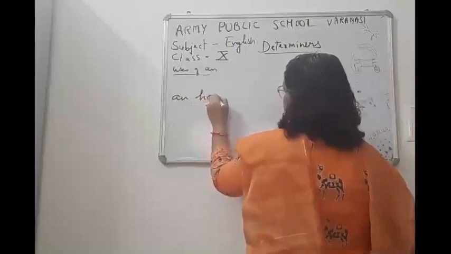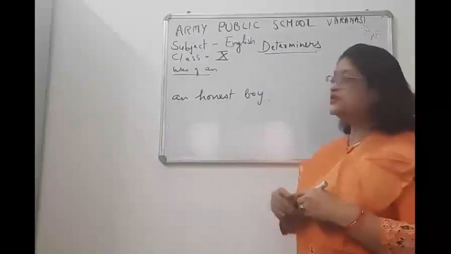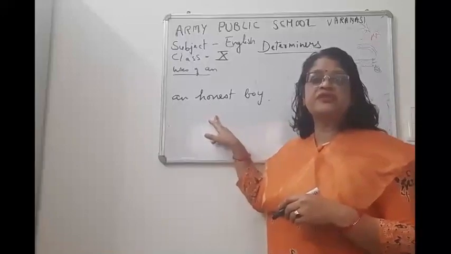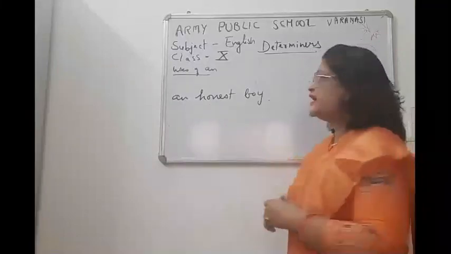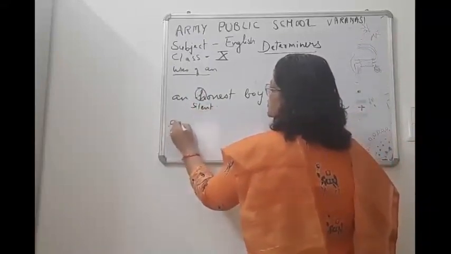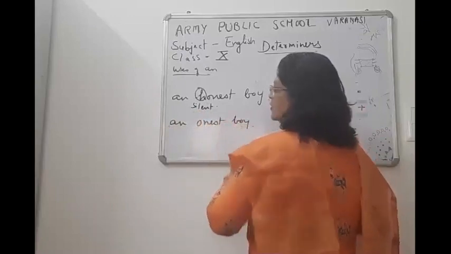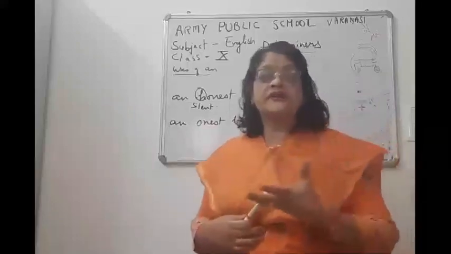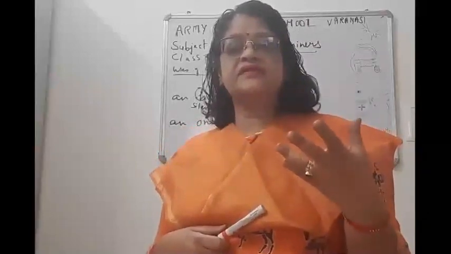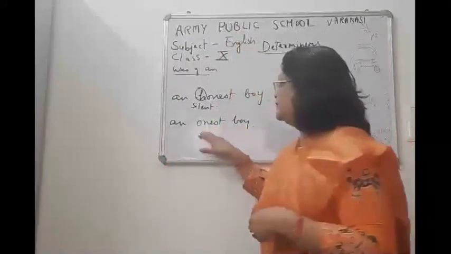an honest boy. Now children, if you see this word, you will see that it is starting with a consonant letter, H. But what is the pronunciation here? H is silent. We don't say 'honest' with an H sound; we say 'onest'. Since it has a vowel sound, we are putting an.